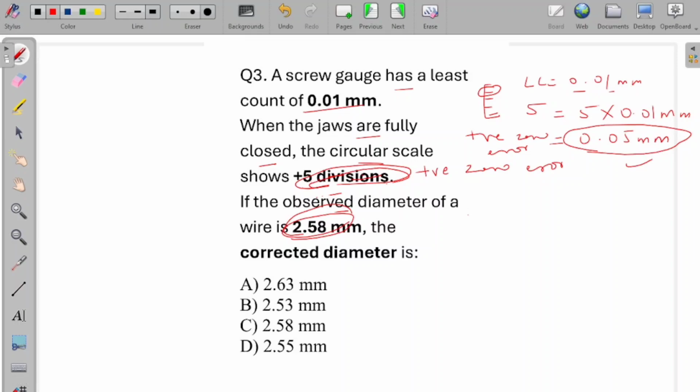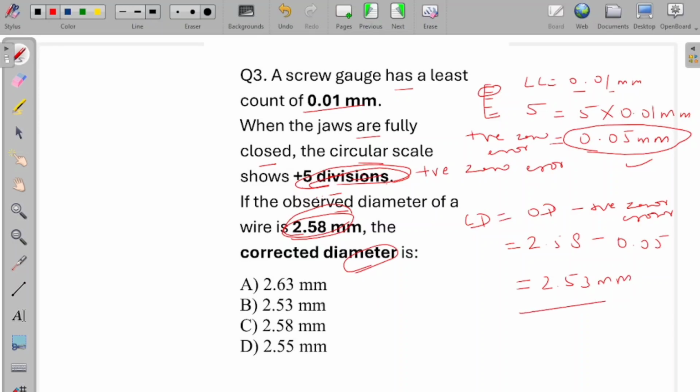We know that the final reading, here the corrected diameter, is the final reading. So we will find the corrected reading or corrected diameter by subtracting the positive zero error from the observed reading, the observed diameter. So observed diameter is 2.58 and the positive zero error is 0.05. So this will give us 2.53 millimeter.